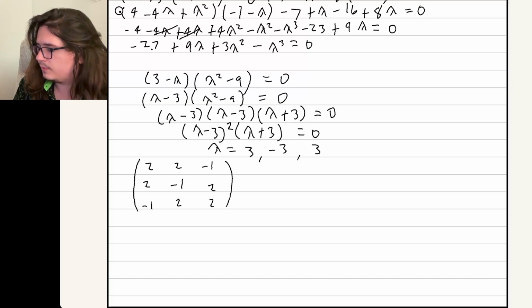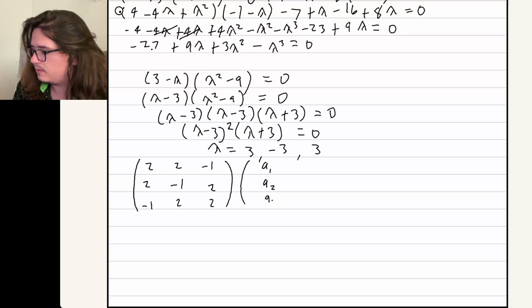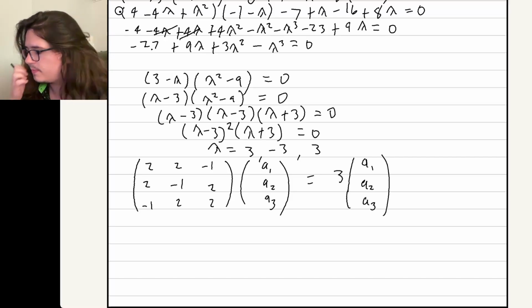We can multiply it by an arbitrary vector, which I'm going to call A, whose components are A1, A2, and A3, and on the right hand side it should be equal to 3 times our arbitrary A vector, like this, right?